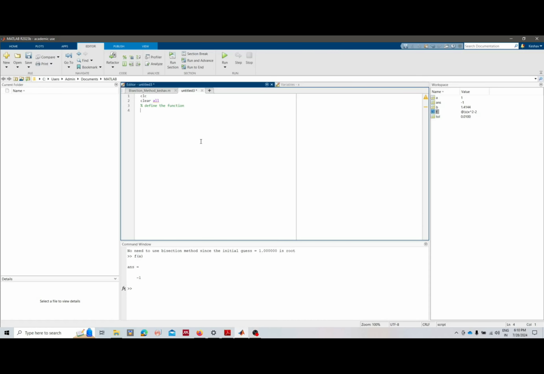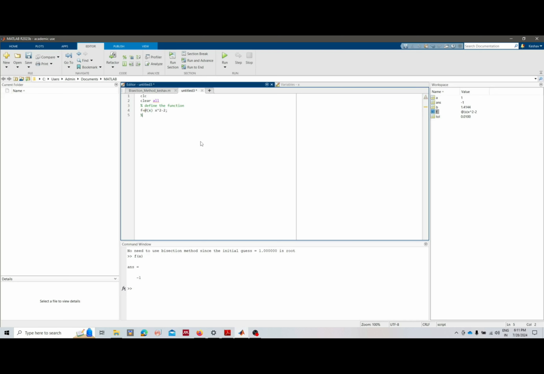Now we will see how we can use the numerical method known as the bisection method to solve a non-linear equation and find its roots. So let us define the function, any function. Since we have solved in the class x square minus 2, the same function we are going to use. So suppose f is equal to some function, which can be defined like this, x square minus 2.